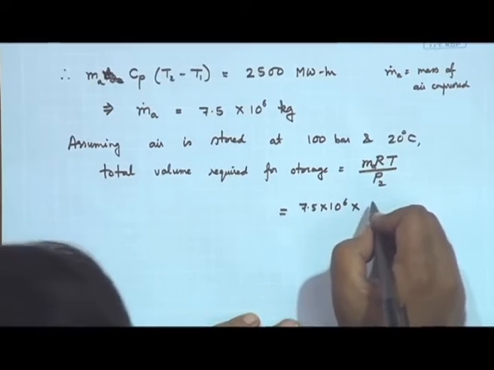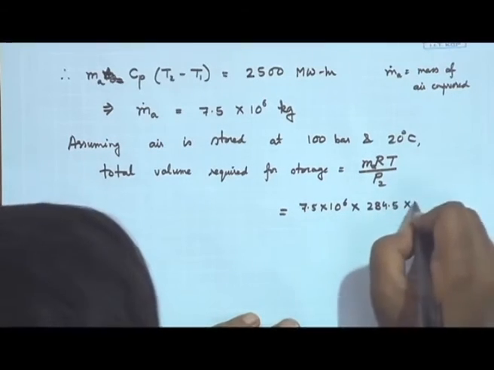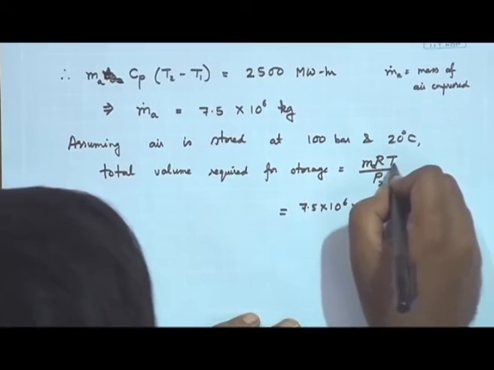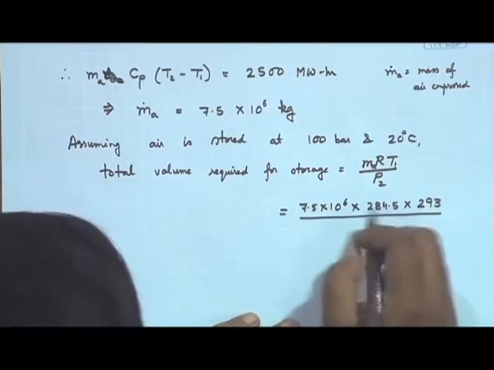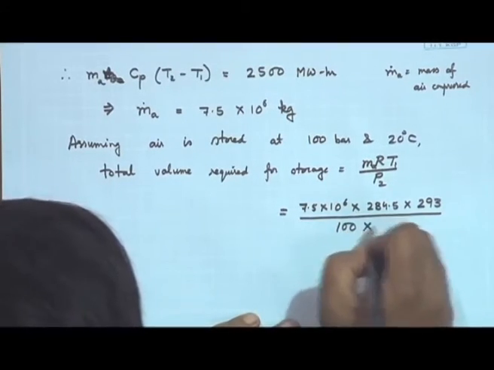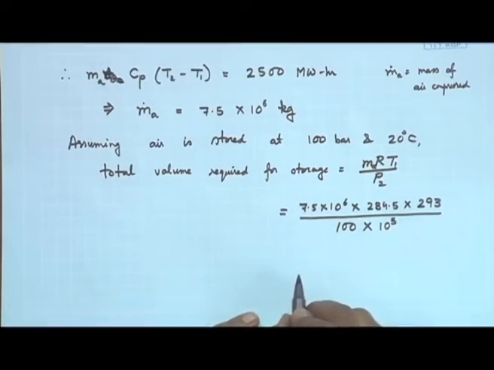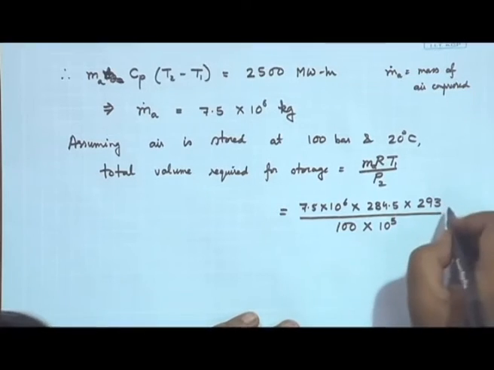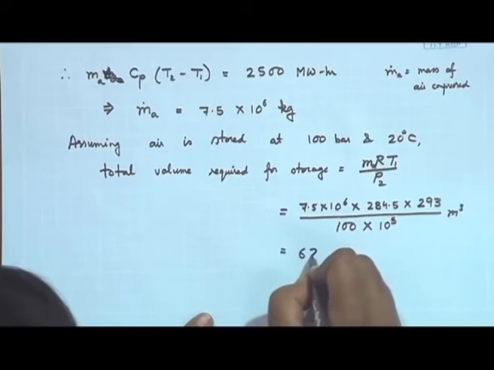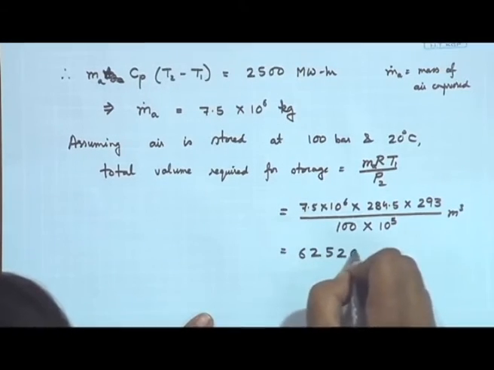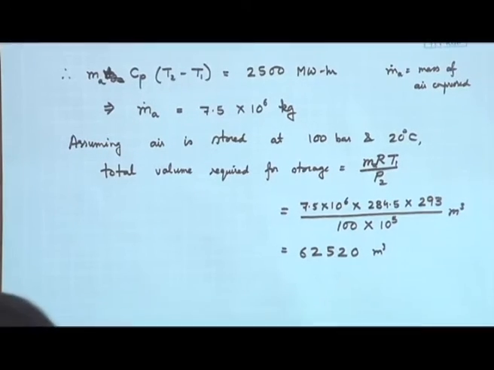So, what we will do is we will convert it to joules, therefore, 284.5 times the temperature is again back to T1, which is 293, divided by the pressure, which is 100 bar, 10 to the power 5 or 100 kilopascals, or 10 to the power 5 pascals. So, this will be in meter cubed, turns out to be 62520. Okay. These calculations you may get a little different values, that is okay.